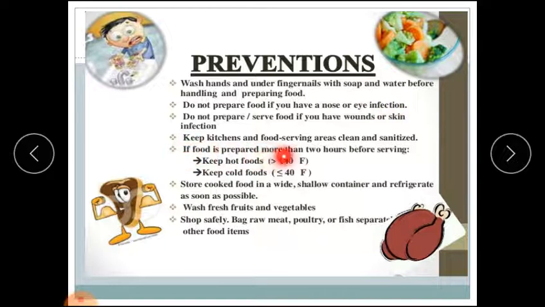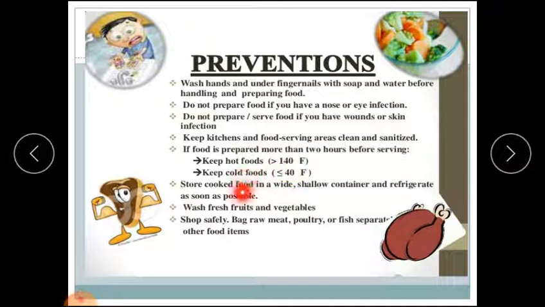Keep your kitchen and the area where you are serving the food clean and sanitized. The food which you have prepared can be stored for more than 2 hours before serving. But for that, you should keep the food hot or keep the food cold. Means what? If you are eating sometime late, then keep that cooked food heated or hot before serving.